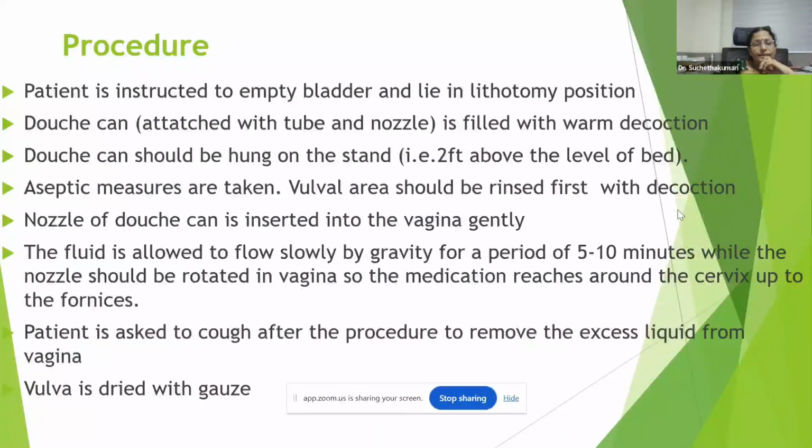The patient is asked to cough after the procedure to remove the excess liquid from the vagina. Then the vulva is dried with the gauze.